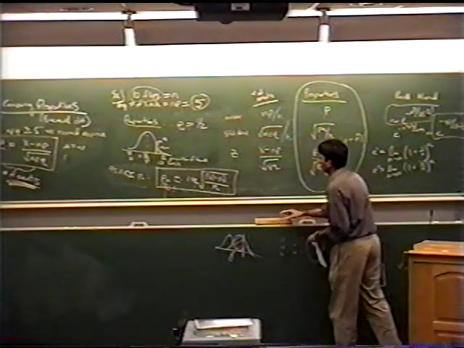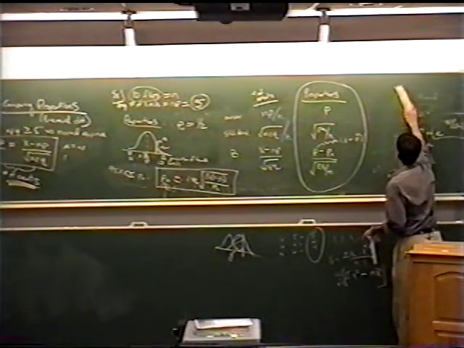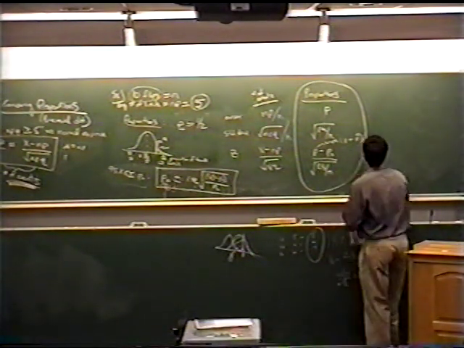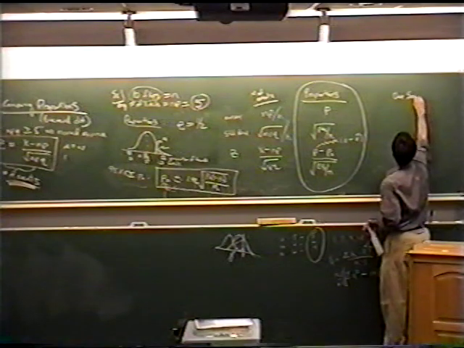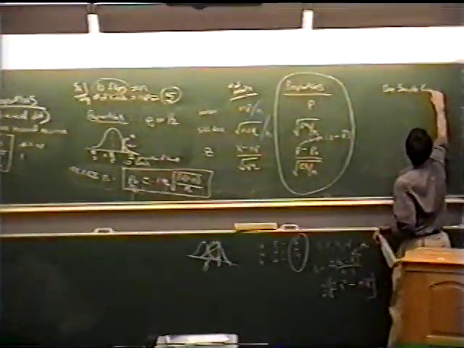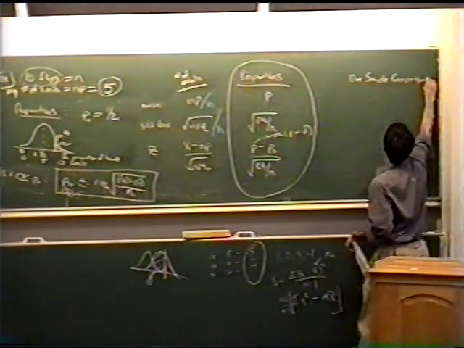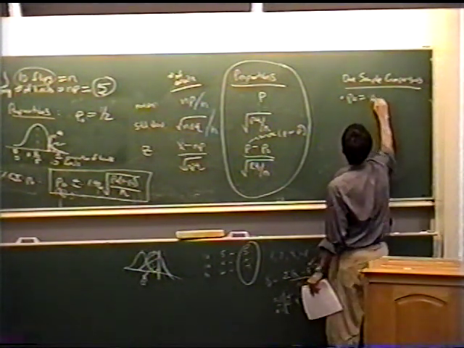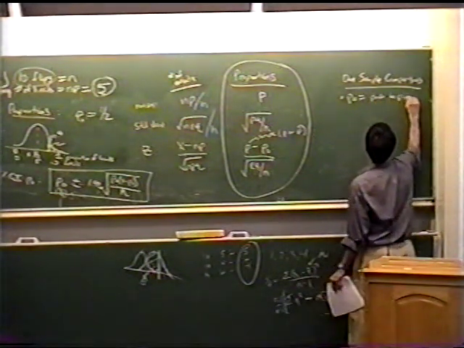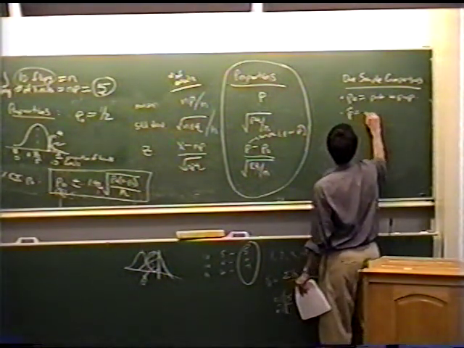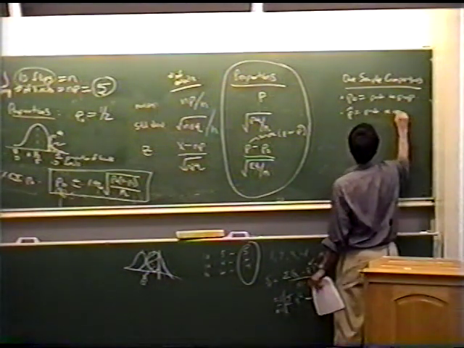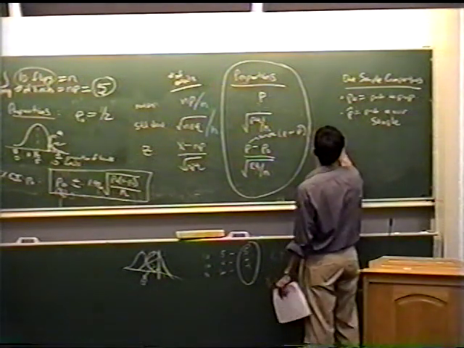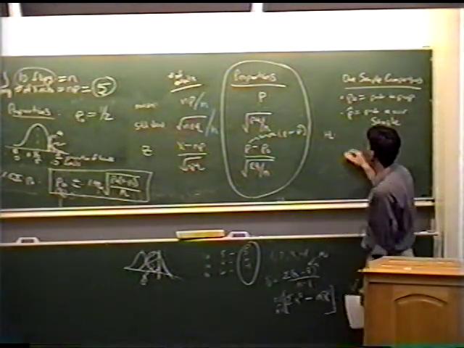And we can do sample comparisons. So if we're doing one sample comparisons, and we know P naught is the probability in the population, and P hat is the probability in our sample, we can test the null hypothesis.